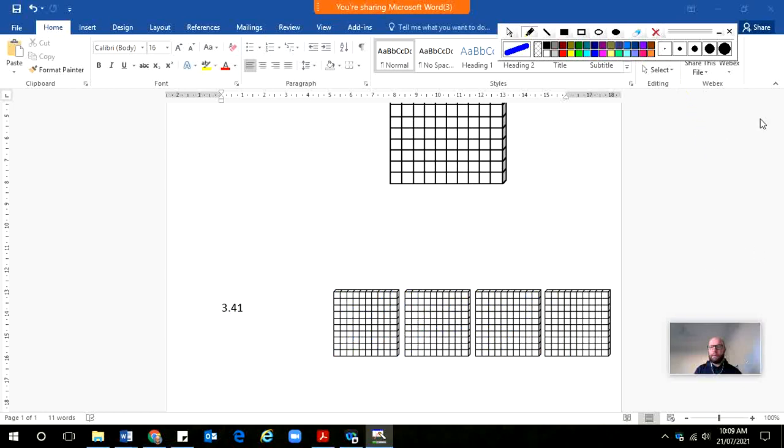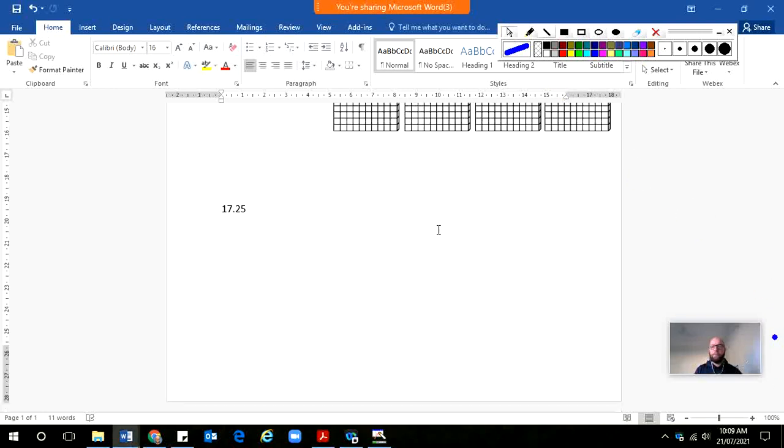Let me get rid of that off the screen and look at the last example. This number here, we have 17 wholes, because 17 is not part of the fraction form, and the fraction we have here, and again we looked at a few of those examples this morning, that basically means we have 2/10ths.